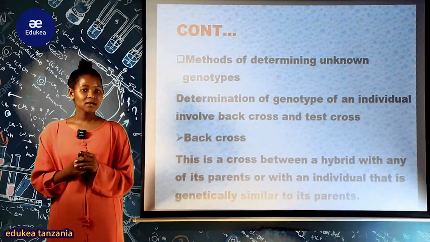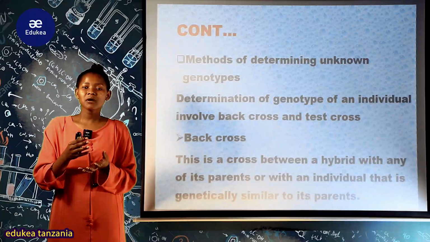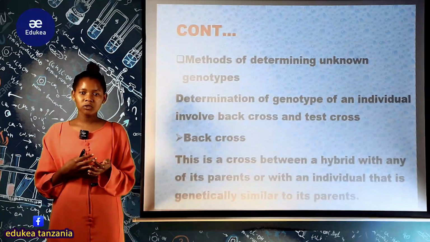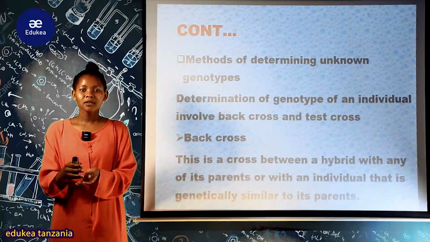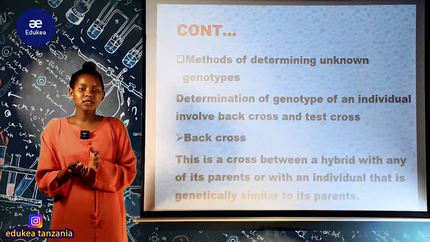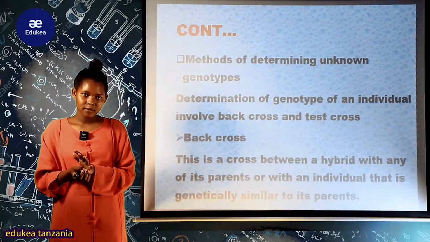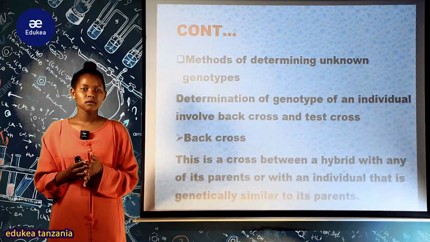That is back cross. So the main concept to understand is that when we talk about back we mean going backwards. Offspring are born, and after they are born, they come back to their parents so that they can interbreed again. That is the real meaning of back cross.